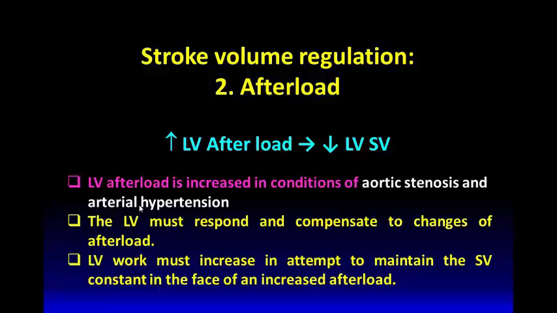The left ventricle thus must work harder, and the work of the left ventricle must increase in an attempt to maintain the stroke volume constant in the face of an increased afterload. So let's now describe in details how an increase in left ventricular afterload results in a decrease in left ventricular stroke volume.